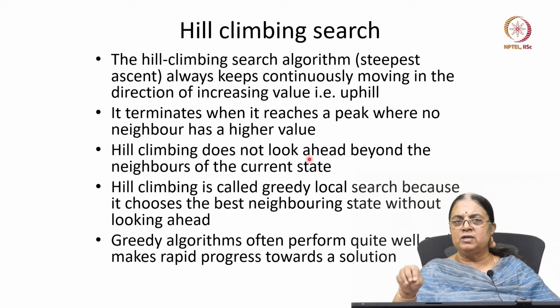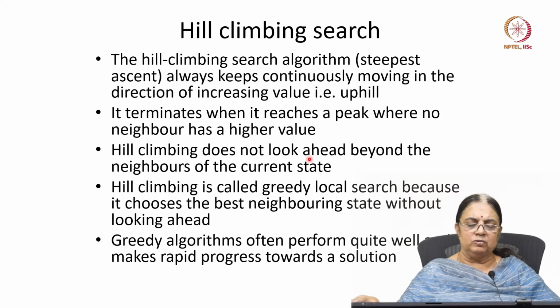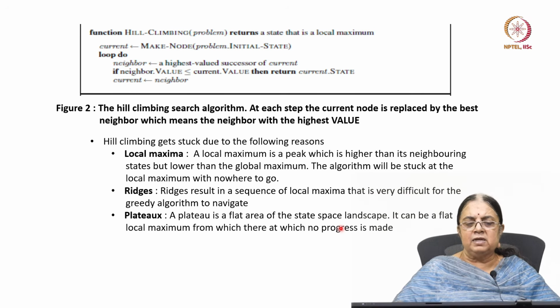At that point this is the best way to go. So that's what you talk about as the greedy algorithm, and the greedy algorithm will work well and move towards the solution, but there are some drawbacks, so we need to see what these drawbacks basically are.